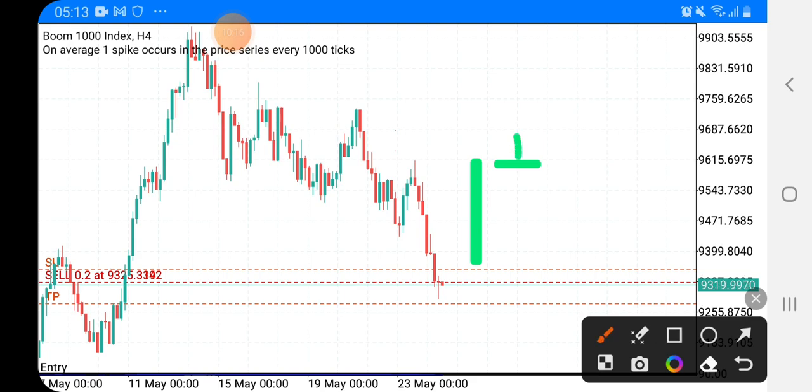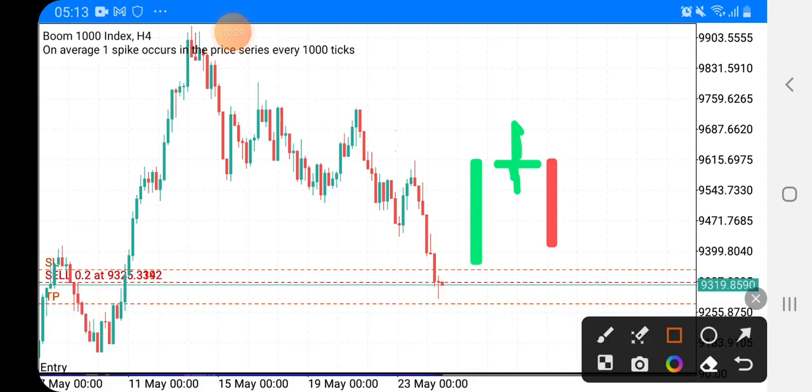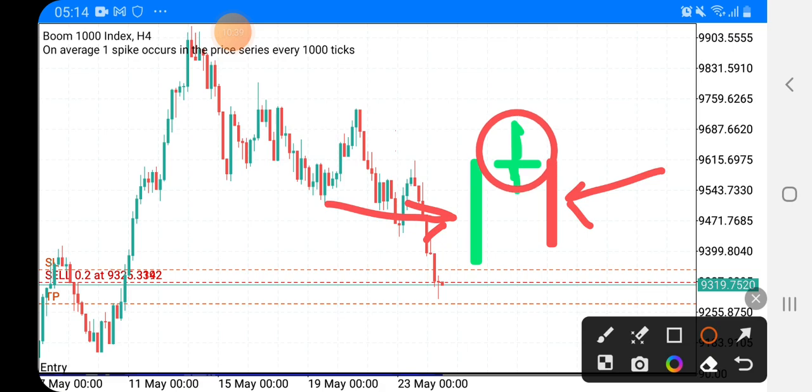Then maybe have some wick here. Then after that you now have a bearish engulfing from here to the downside. So basically these two, candle 1 and candle 3, should be bigger than the candle in the middle, right? So that's exactly what we want to see.